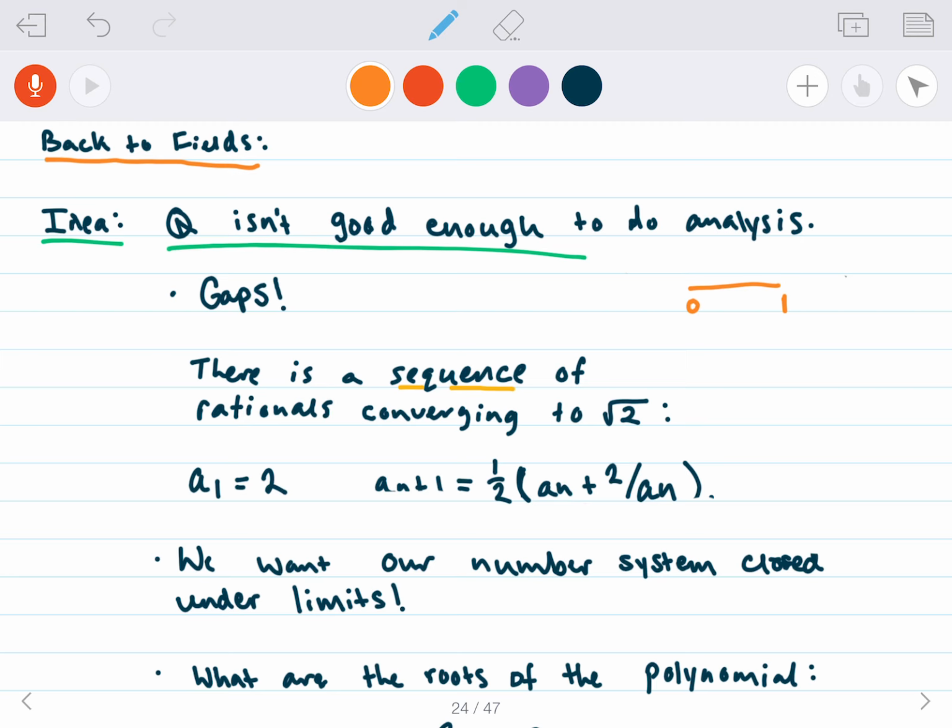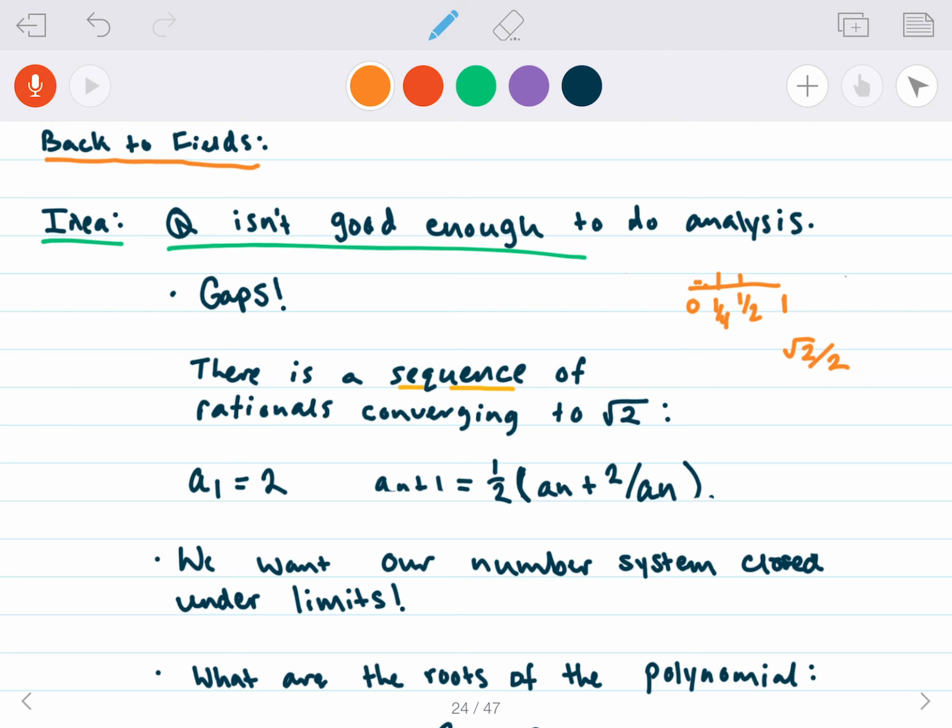For the rationals, I have a half, a fourth, an eighth, and so forth, an infinite sequence of shrinking rational numbers. But I also have things from 0 to 1 that are irrational, such as square root of 2 over 2. That lives in 0 to 1, and there are infinitely many other real numbers that are not rational that live in this interval.